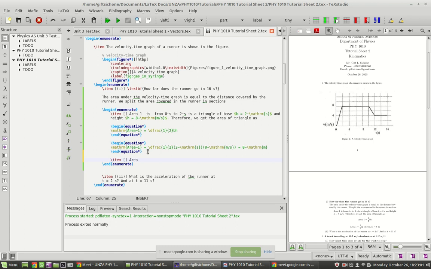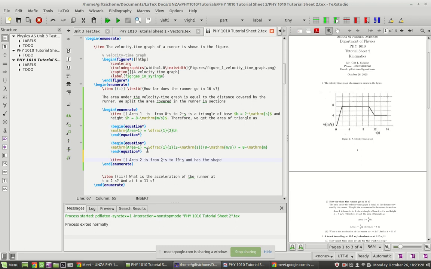Then we move on to area number 2. Area 2 is from 2 seconds to 10 seconds, and has the shape.